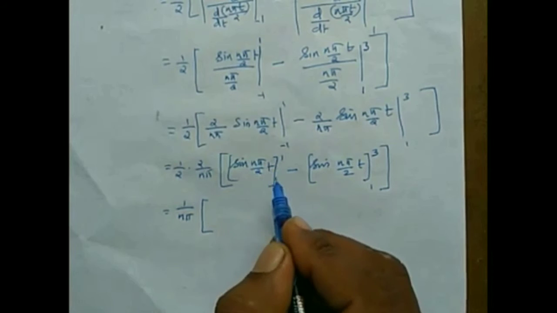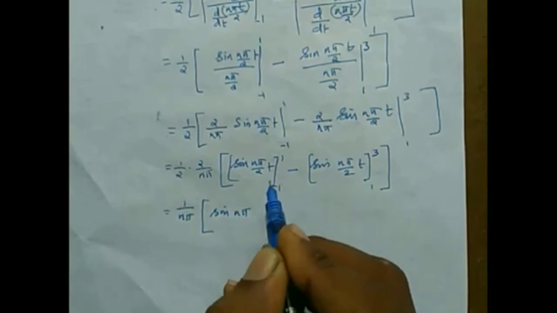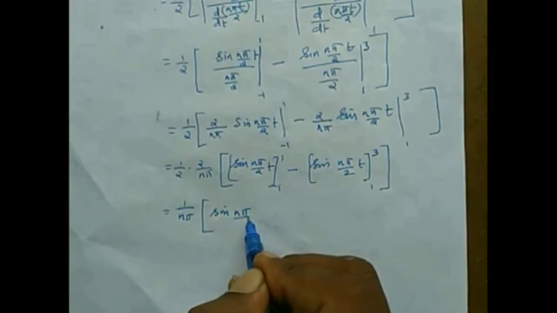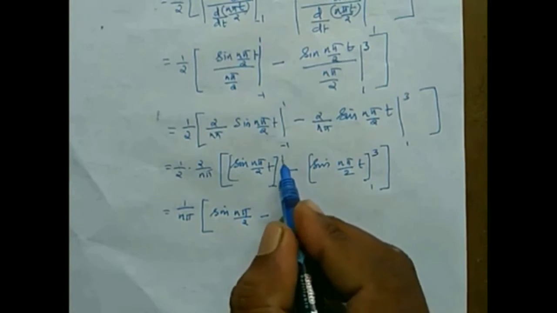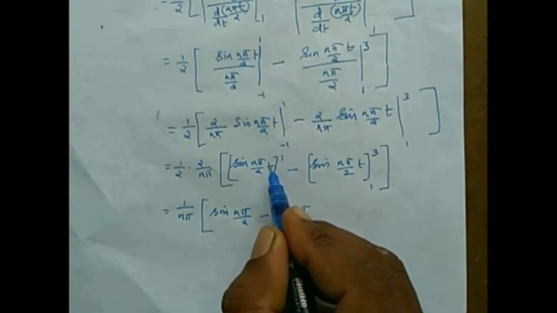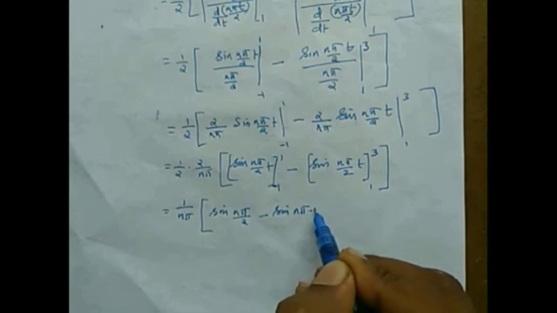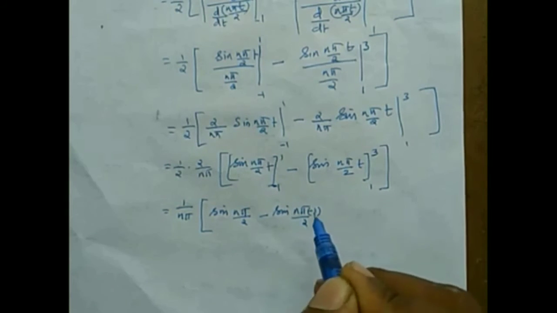Now substituting the upper and lower limits, we get sin n pi by 2 into 1 minus sin n pi by 2 into (-1). If we substitute t equal to -1, we get -1 by 2.